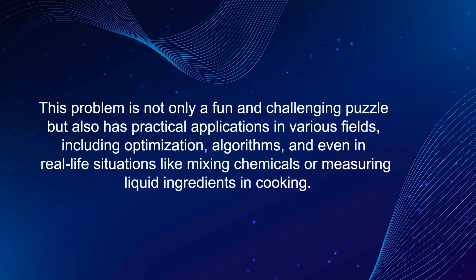This problem is not only a fun and challenging puzzle, but also has practical applications in various fields, including optimization algorithms and even real life situations like mixing chemicals or measuring liquid ingredients in cooking.